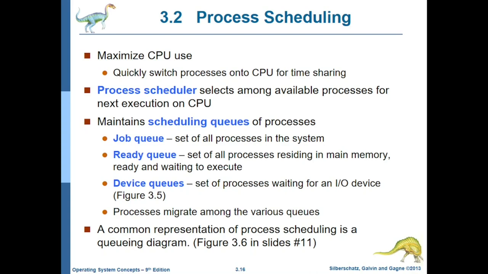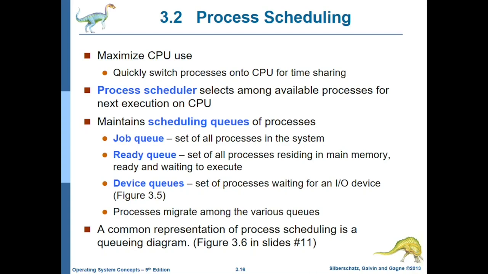A process may need to perform an I/O operation during its execution, such as reading from a file or printing a document. When a process requests an I/O operation, it cannot run on the CPU until the operation is completed. The device queue keeps track of all the processes that are blocked by an I/O device.